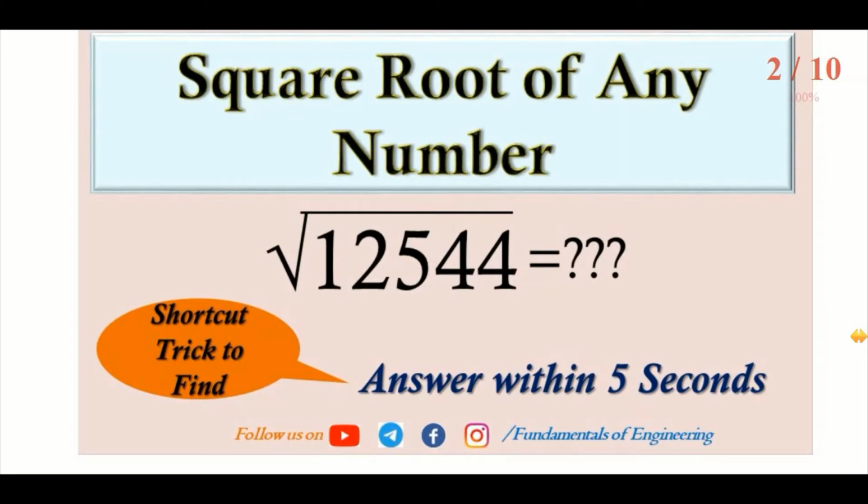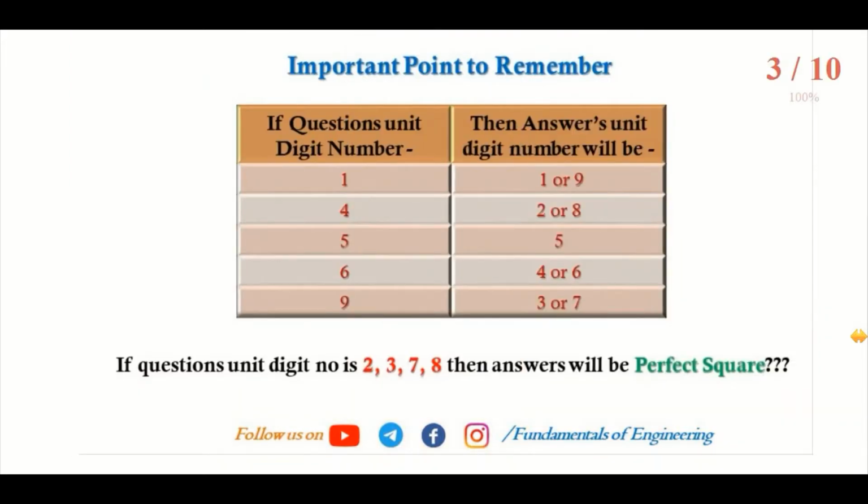So friends, now we'll see how to find the square root of any number. For finding the square root of any number, these are the important points to remember. Whenever we are finding the square root of a number, if the unit digit of the question number lies among 1, 4, 5, 6, 9, then the unit digit of the answer will be as per this table.